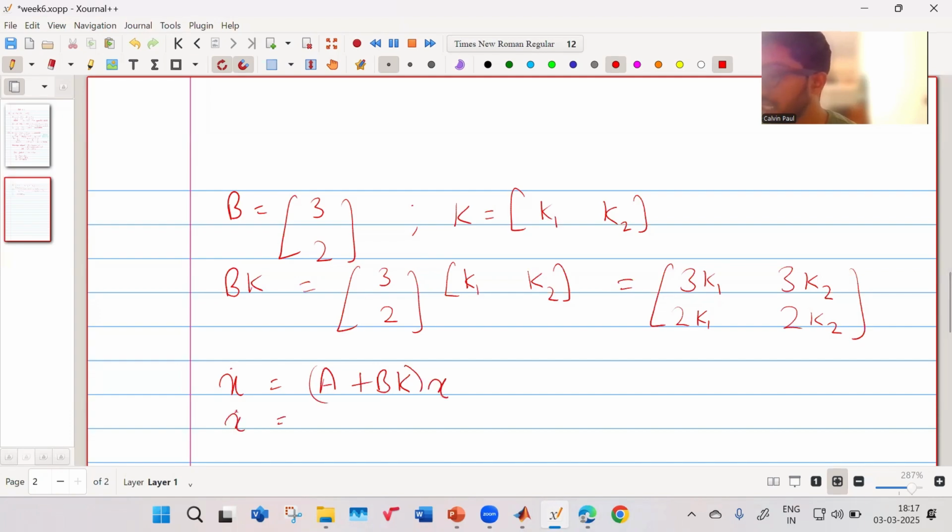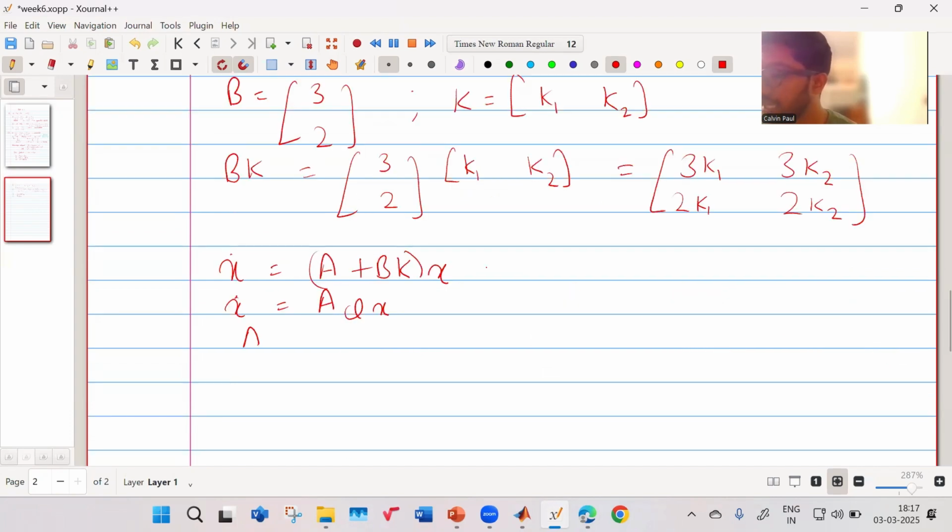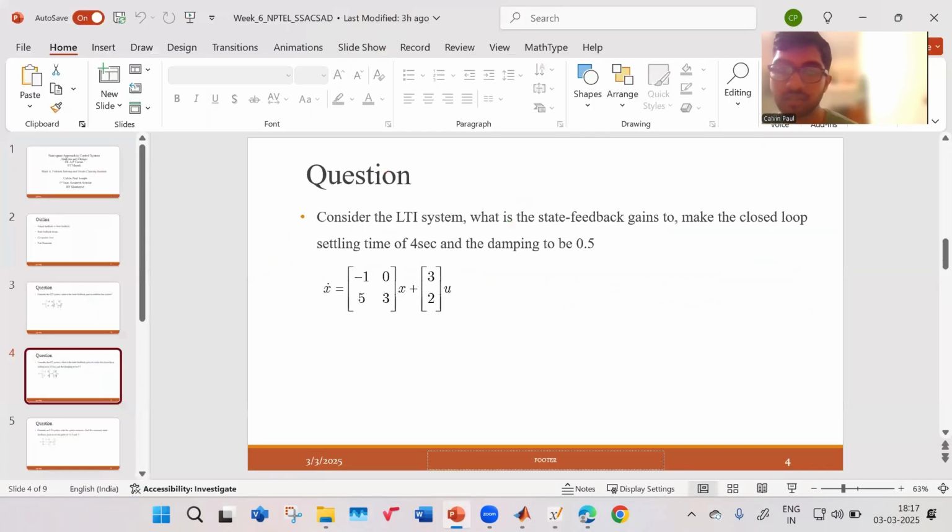So this we can write as x dot is equal to a closed loop into x. So my a closed loop actually is a plus bk. So what is my a? A is actually [-1, 0; 5, 3].